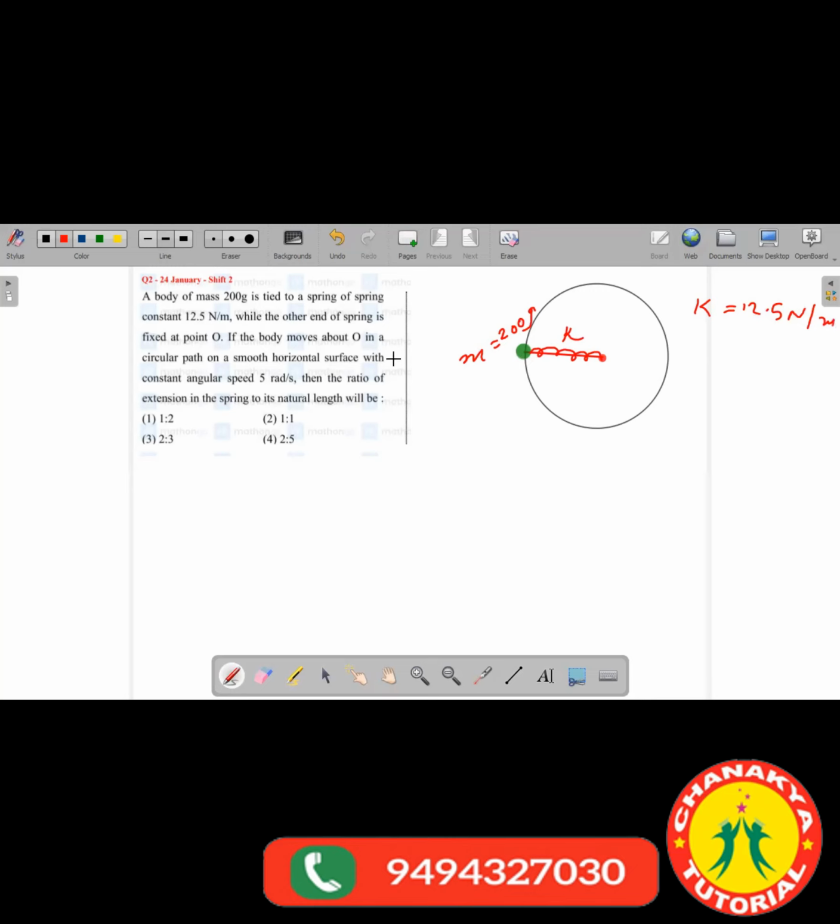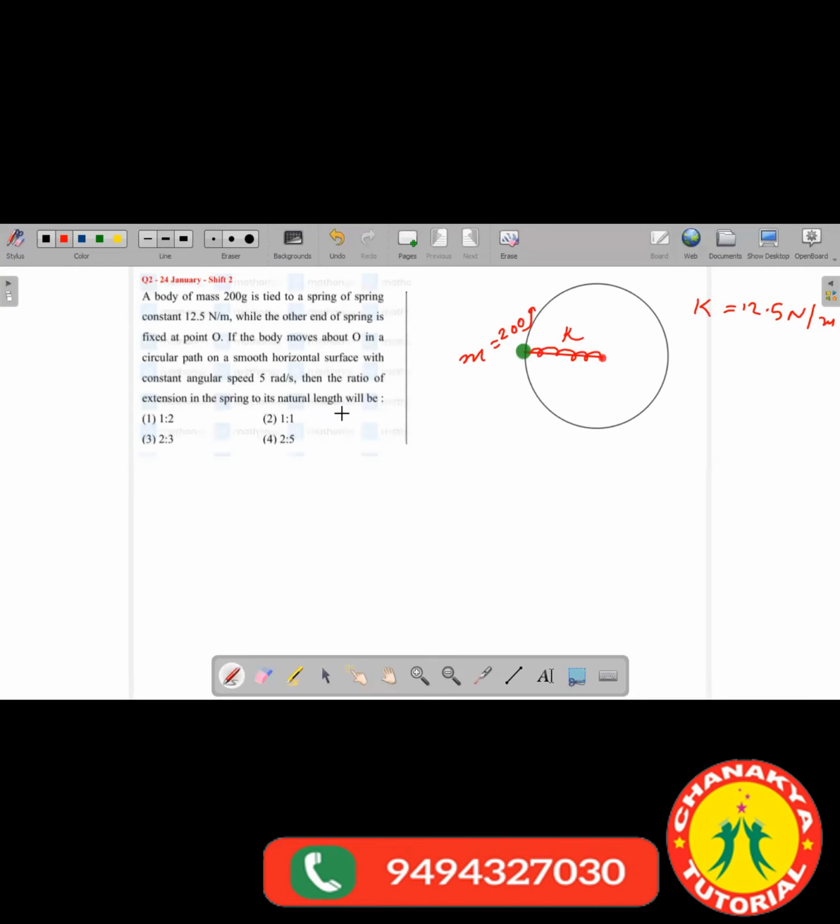If the body moves about O in a circular path on a smooth horizontal surface with a constant angular speed of 5 radian per second, then the ratio of the extension in the spring to its natural length will be.